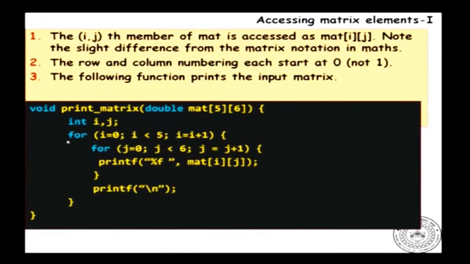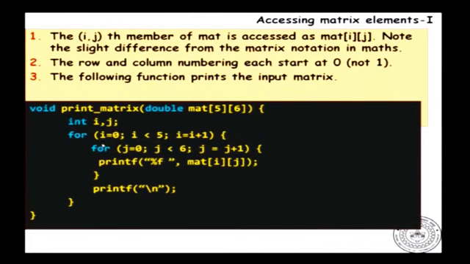Now, how do you iterate over the whole matrix? Well, first you would take each row i. So, you need an outer loop for that based on the variable i. i will go from 0 to 4. So, the for loop goes from 0 until you hit 5.